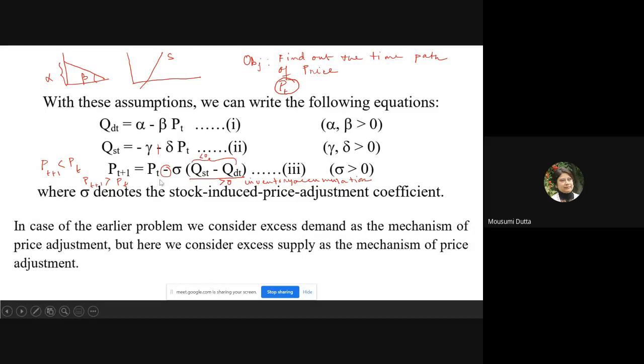So I'll tell everybody to plug the values of the demand and the supply in equation number 3.